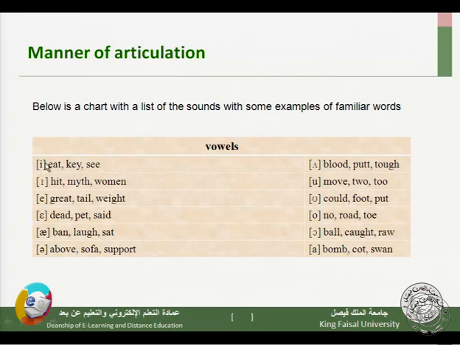This symbol is the symbol for the sound E. The other one is like the small letter I, but in capital form, without a dot. So that's the symbol for that sound.